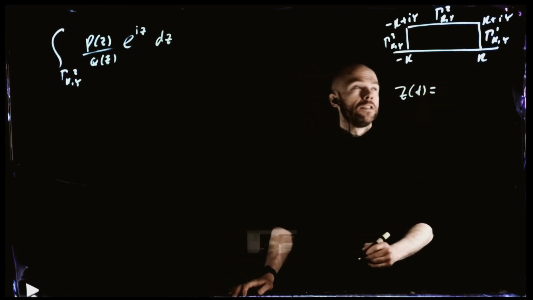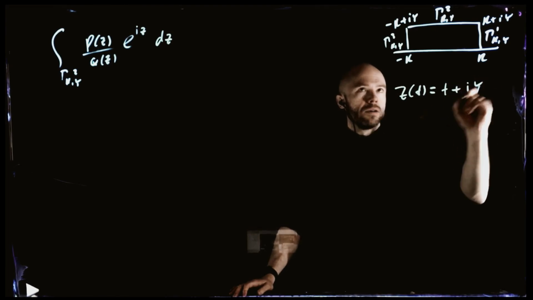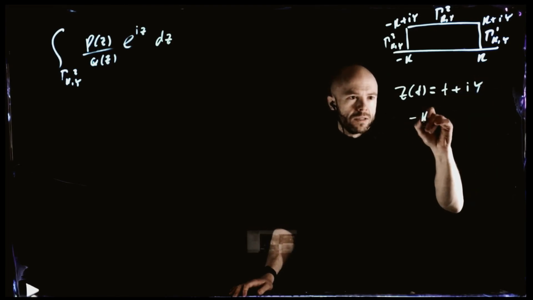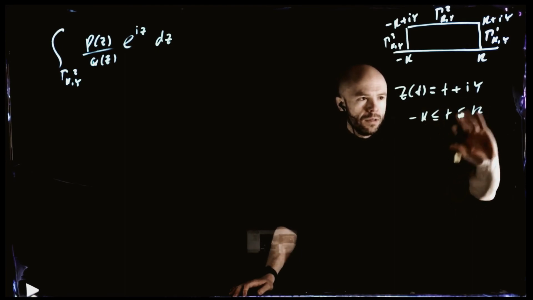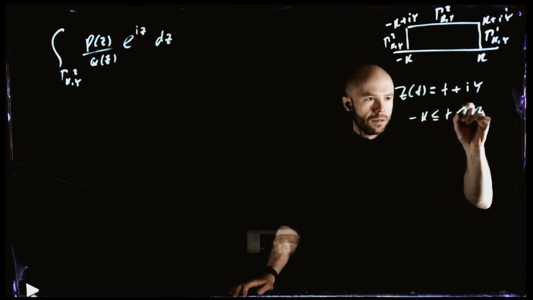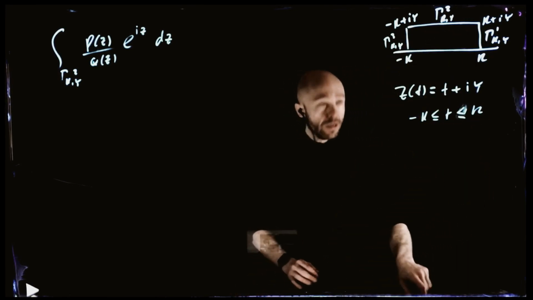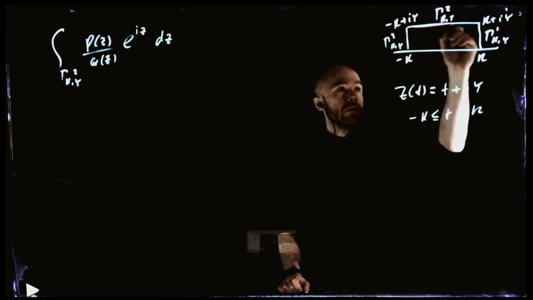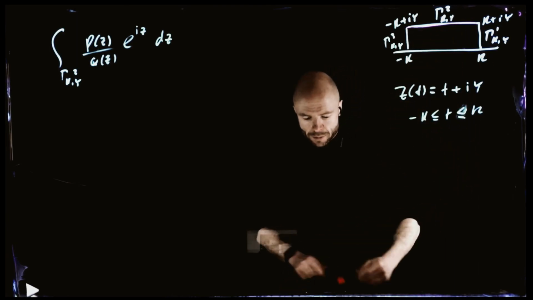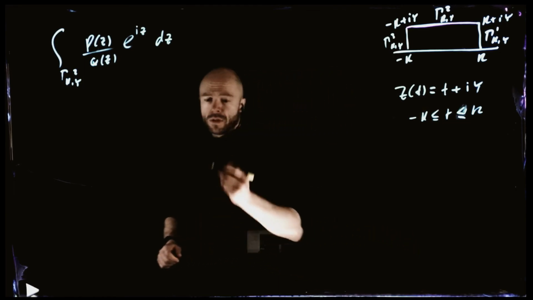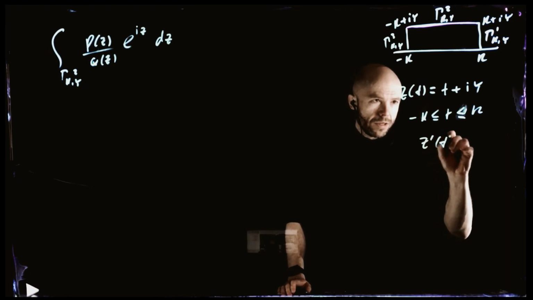The natural choice is to just do t plus iy, where t is between minus r and r. Yeah, that thing will be fine. That thing will exactly parameterize this part right here that we are looking for. Yeah? Cool. All right, so this parameterization, when we differentiate it, is rather nice.